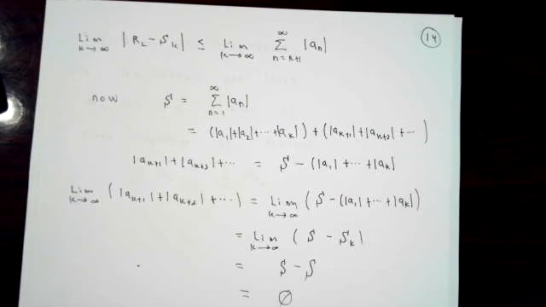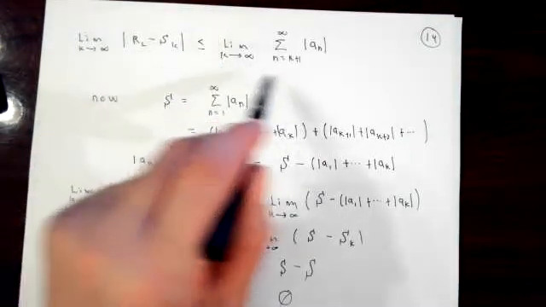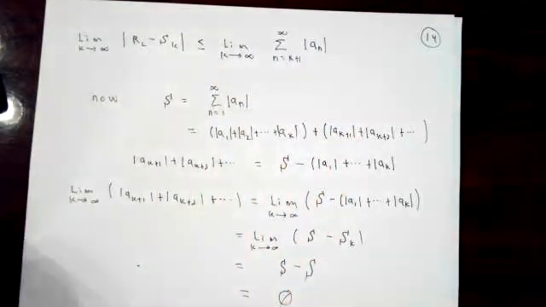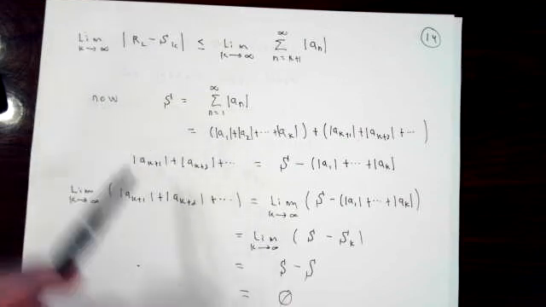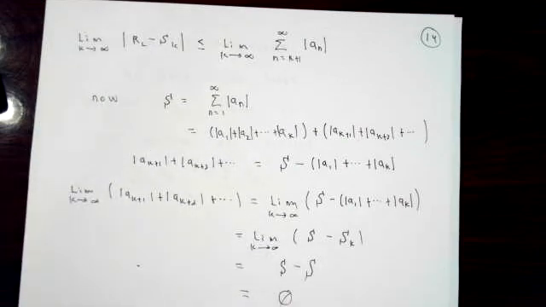The sum of the absolute value of the ANs converge. So by the thing that we talked about at the very beginning, this limit is 0. In case you forgot the argument, I reproduce it here.